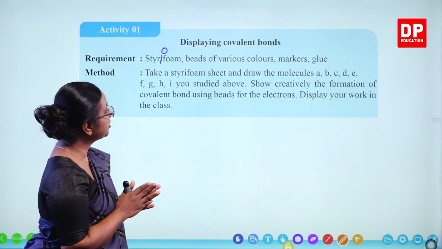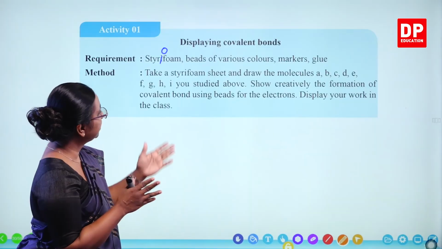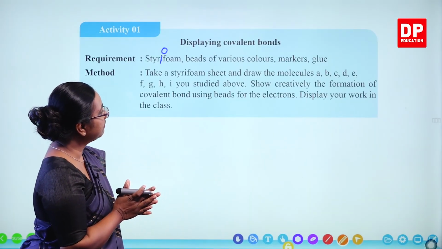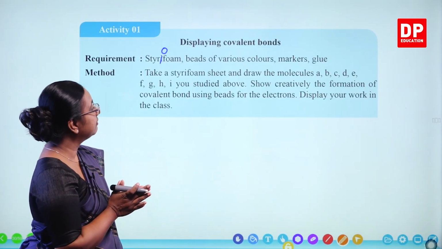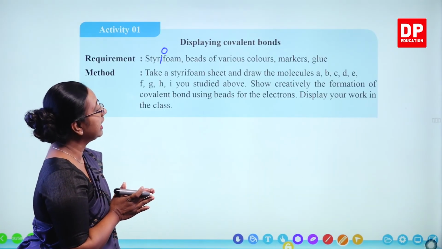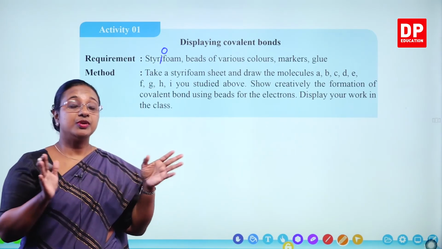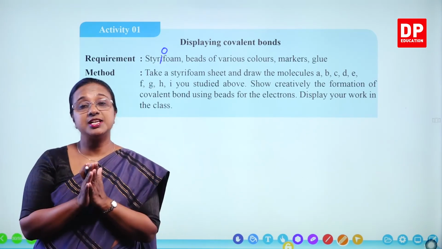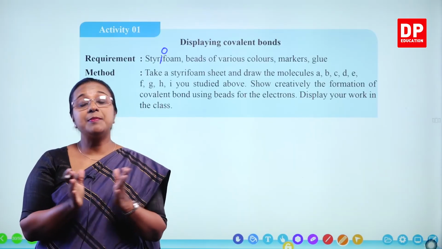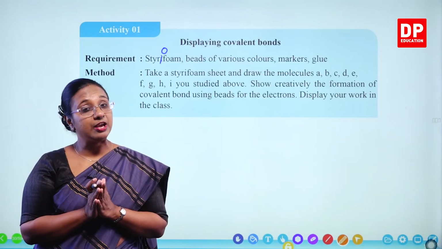Take a styrofoam sheet and draw the molecules A, B, C, D, E, F, G, H, I that you studied above and show creatively the formation of covalent bond using beads for the electrons and display your work in the class. So here, like a two-dimensional structure, you are going to represent the molecules. So that is one way of doing it.